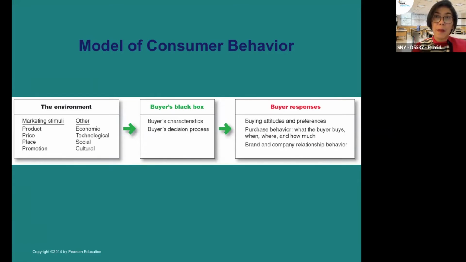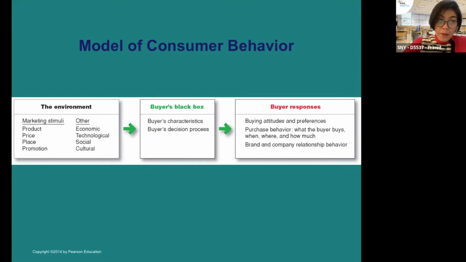Okay. So we as consumers, just imagine ourselves as consumers. We are buyers. Yeah, we're buyers. So we give a response because there is a stimulus. The stimulus-response model. There's a stimulus, and then there's a response.